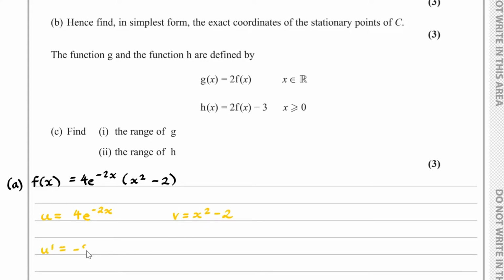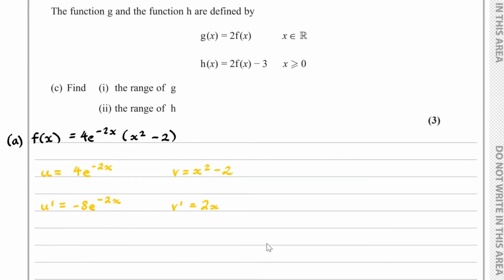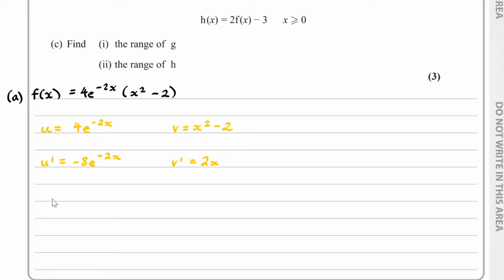U dash will equal minus 8e to the minus 2x. V dash is equal to 2x. Therefore, using the product rule, f dash of x is equal to v, which is x squared minus 2, times u dash, which is minus 8e to the minus 2x, plus u, which is 4e to the minus 2x, times v dash, which is 2x.